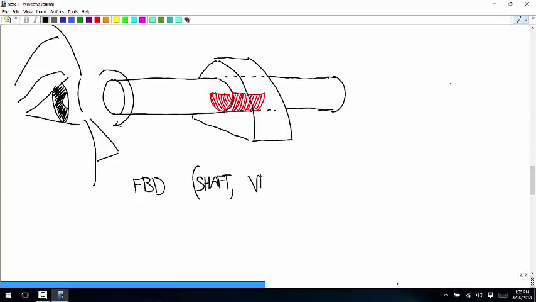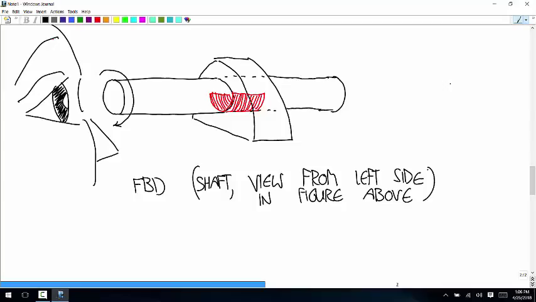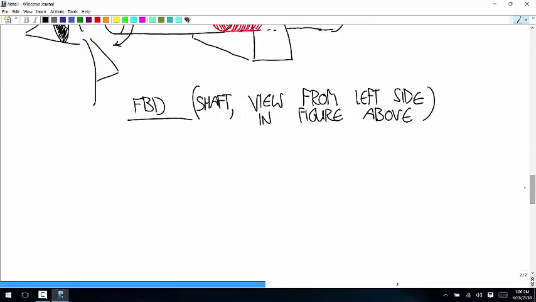And we're looking at it from the left, you know, from the left side in the figure above. Okay, so there's the shaft, and here's the center of the shaft. And it's rotating this way.